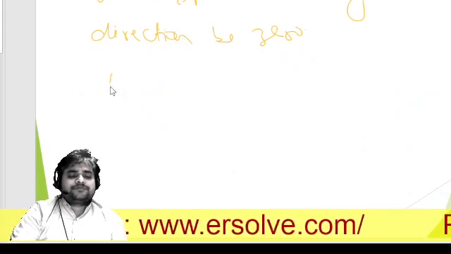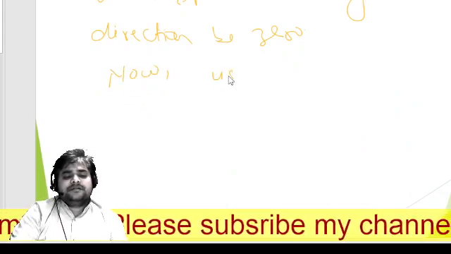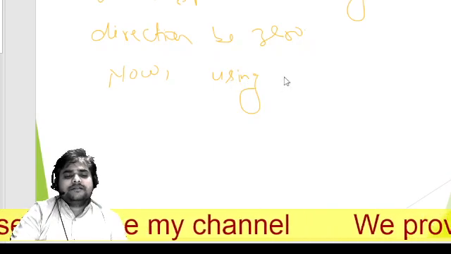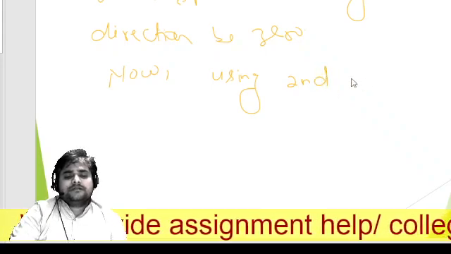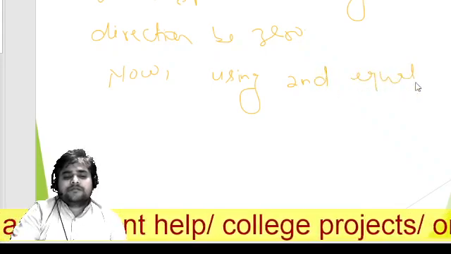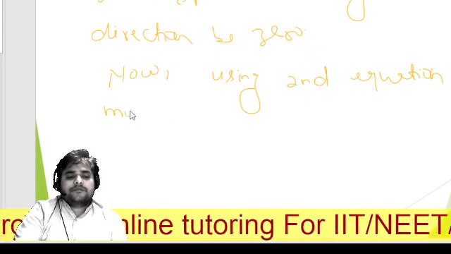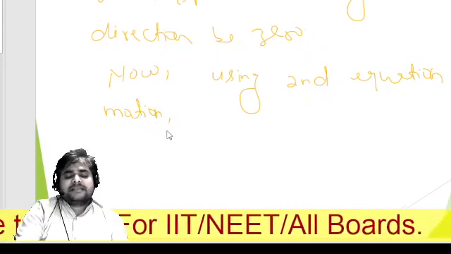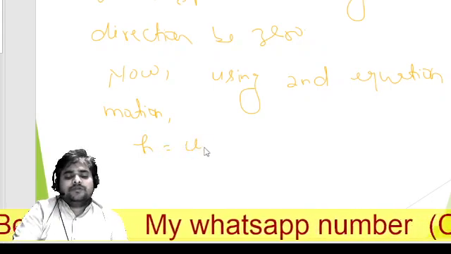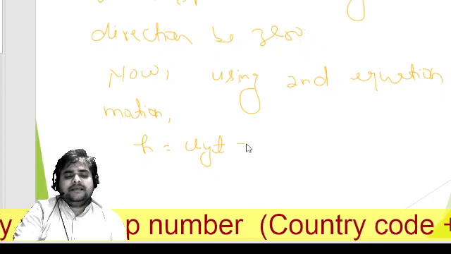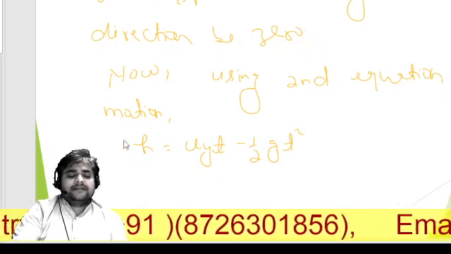Now, using the second equation of motion, h is equal to uy into t minus half g t square.